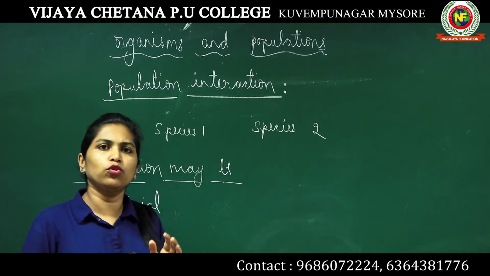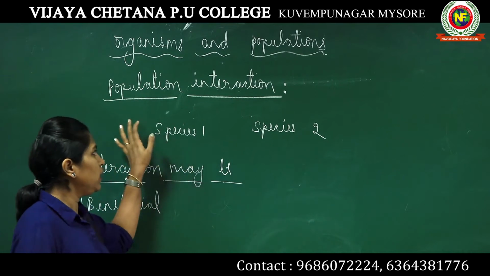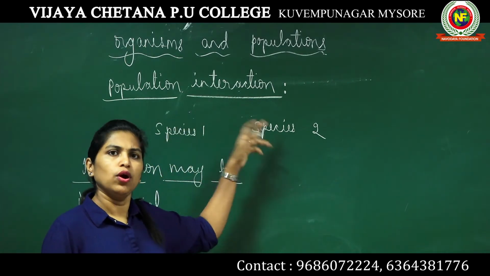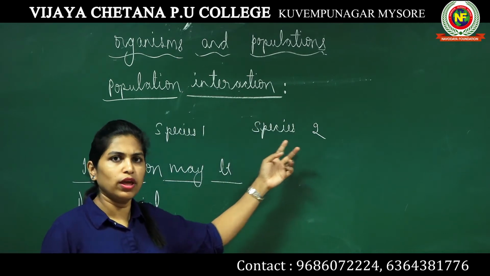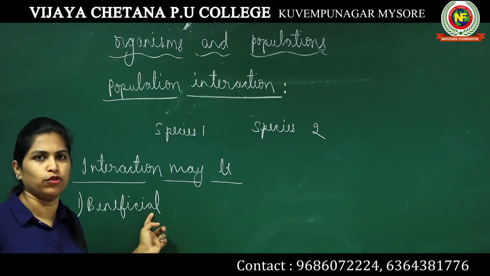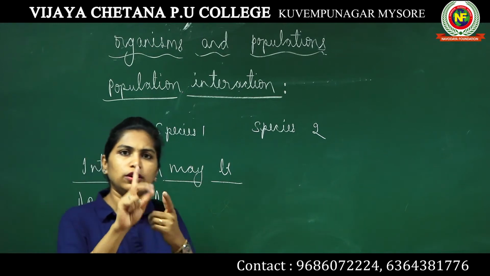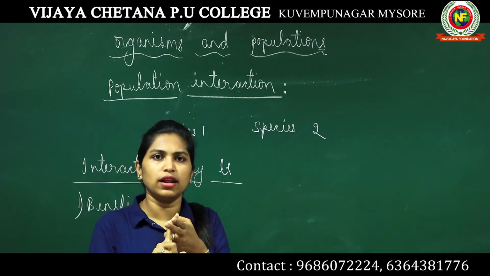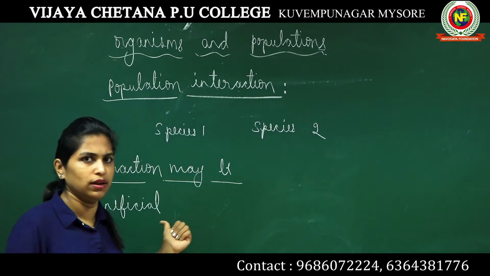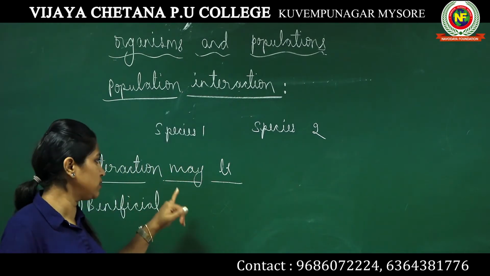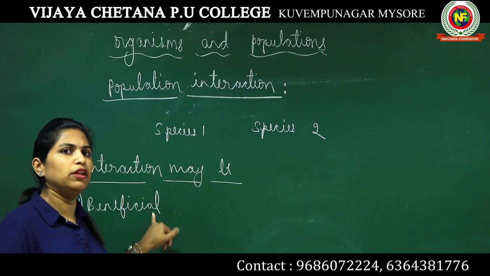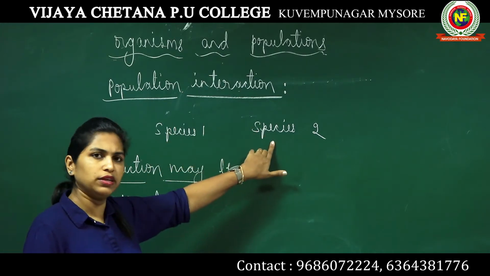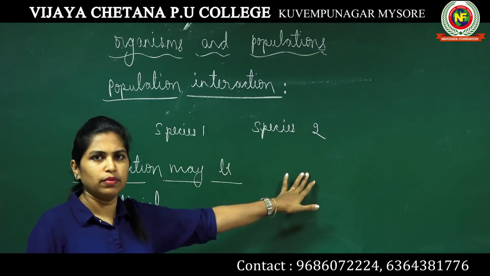Beneficial means it could be beneficial either for species 1 or species 2 or both of them. When two species are interacting with each other, this interaction could be beneficial. When I say beneficial, it is helpful to either species 1 or species 2 or both of them.